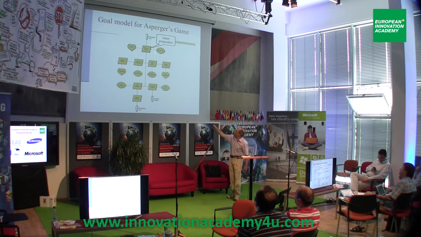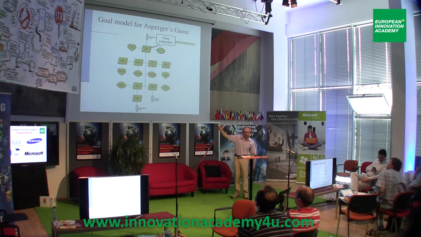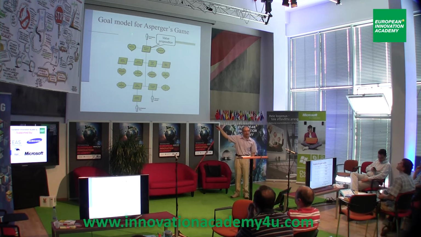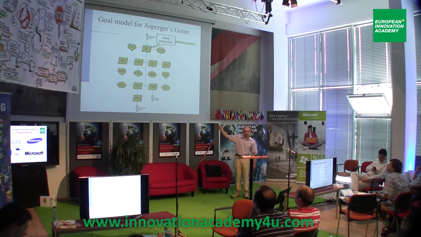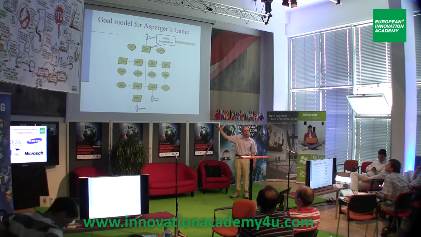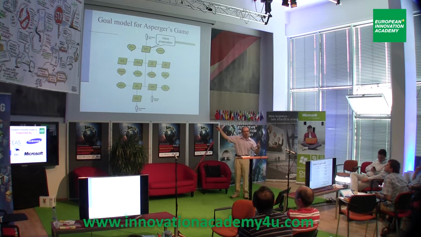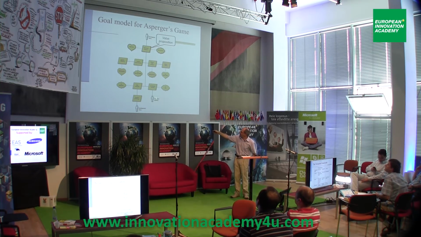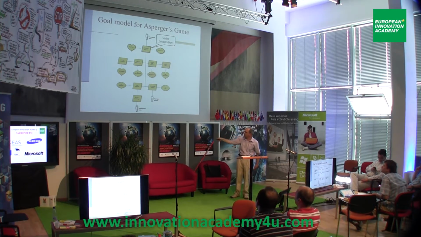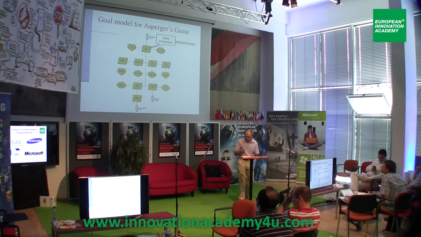And then the roles are neurotypical teenagers, because it's targeted at teenagers who actually have this problem. They tend to bully the people who are different. And then there are other stakeholders represented as roles: Asperger's mentors and a development team for the game.